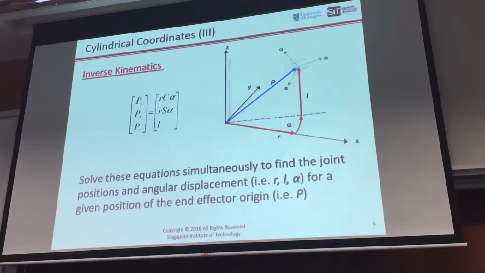Now for Px, Py, I've got two equations, two unknowns. I know these two. I don't know this R and alpha.